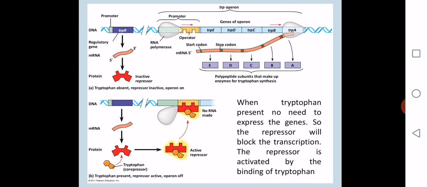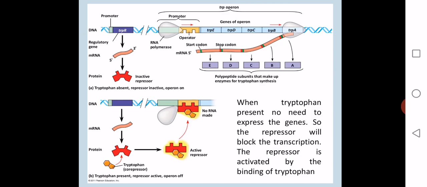So when tryptophan is present in the medium, this tryptophan will go and bind with the repressor. Usually this repressor is thus denoted as the aporepressor, or the inactive repressor. So this repressor interacts with the co-repressor called tryptophan and will be converted into an active repressor. And this active repressor will go and bind with the operator site, thus preventing transcription.